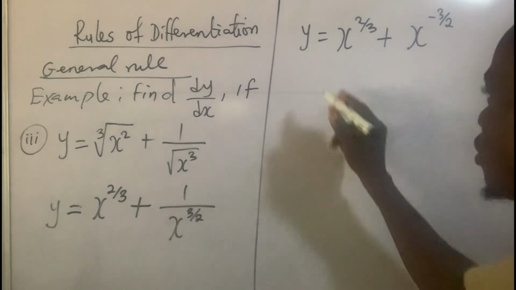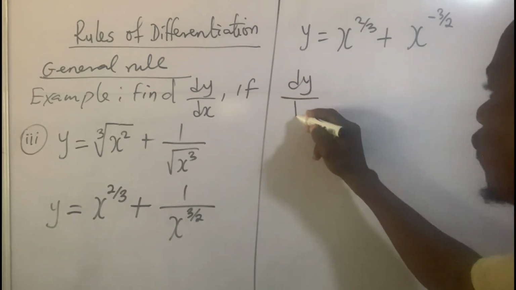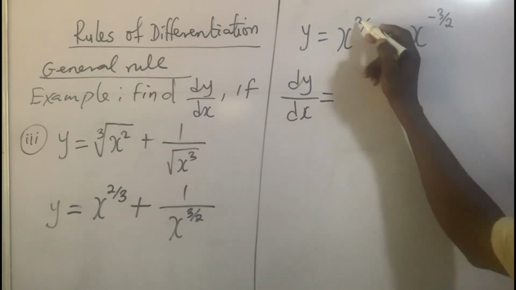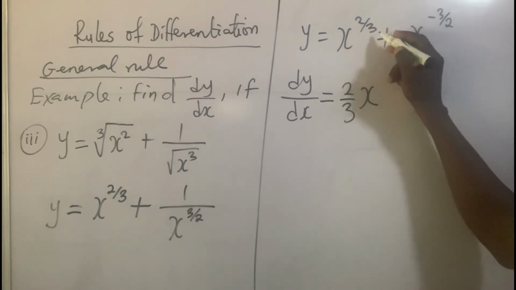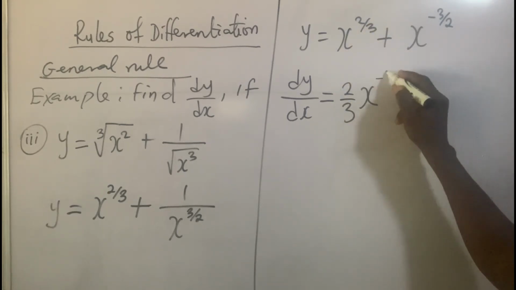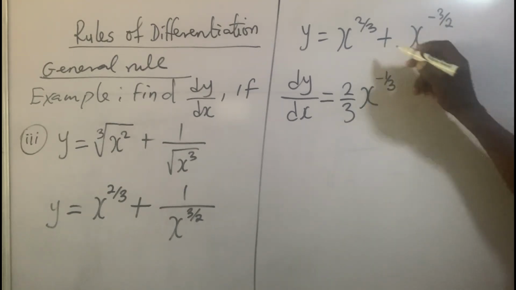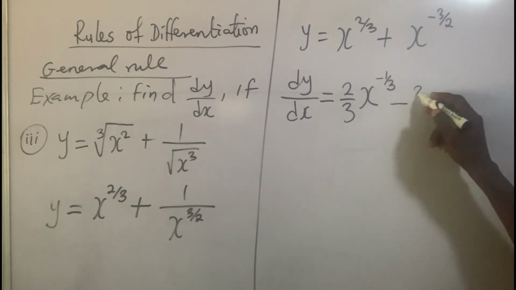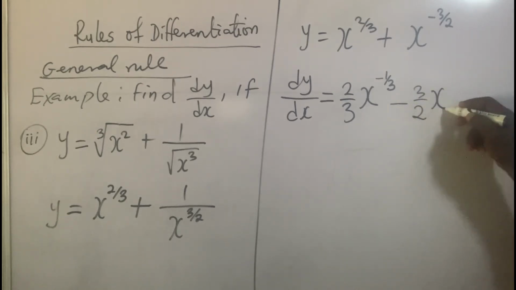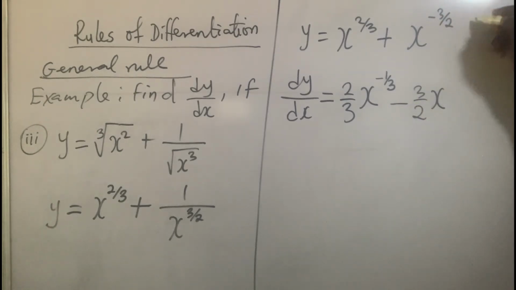If I differentiate what I have on the board now, dy over dx will become 2 over 3 times x, 2 over 3 minus 1 will give us minus 1 over 3. The minus we have sets the positive sign here. So minus 3 over 2 times x will give us minus 3 over 2x, then minus 3 over 2 minus 1.